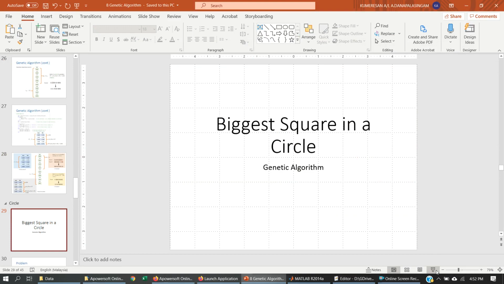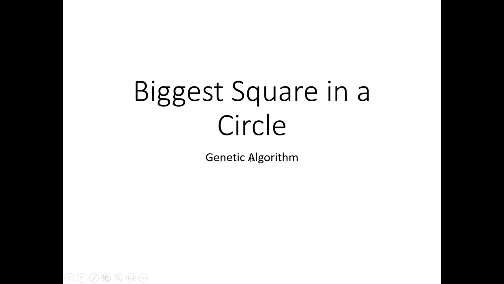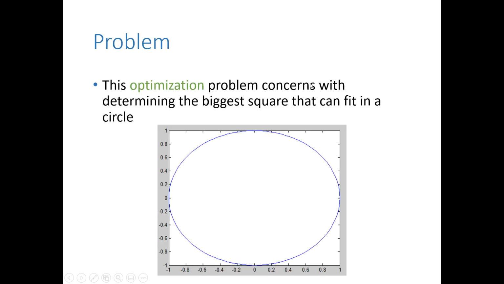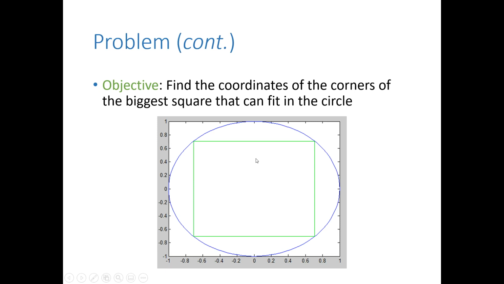Biggest square in a circle. This optimization problem concerns determining the biggest square that can fit in a circle. Imagine you have a circle of diameter 2. You want to find the biggest square. The term biggest here refers to the area, obviously. The objective is to find the coordinates of the corners of the biggest square that can fit in the circle.